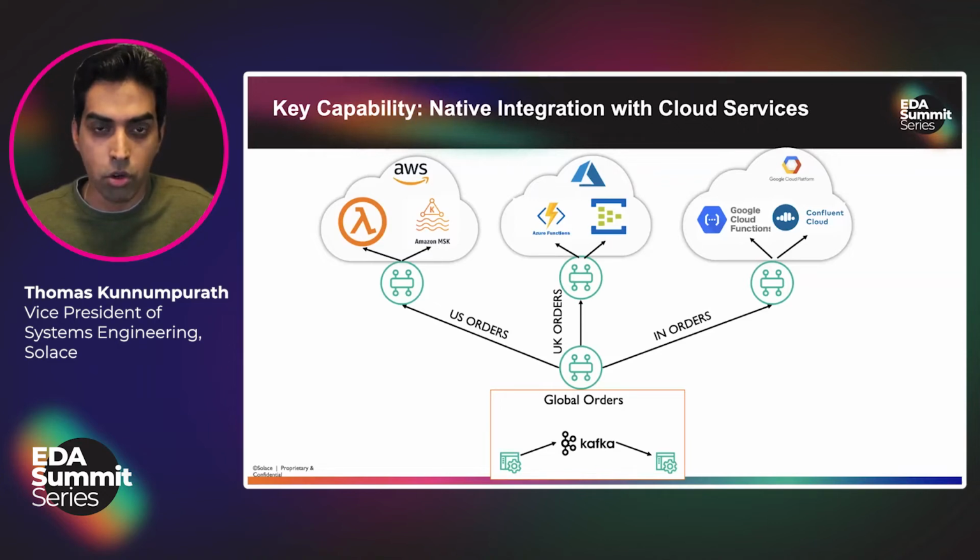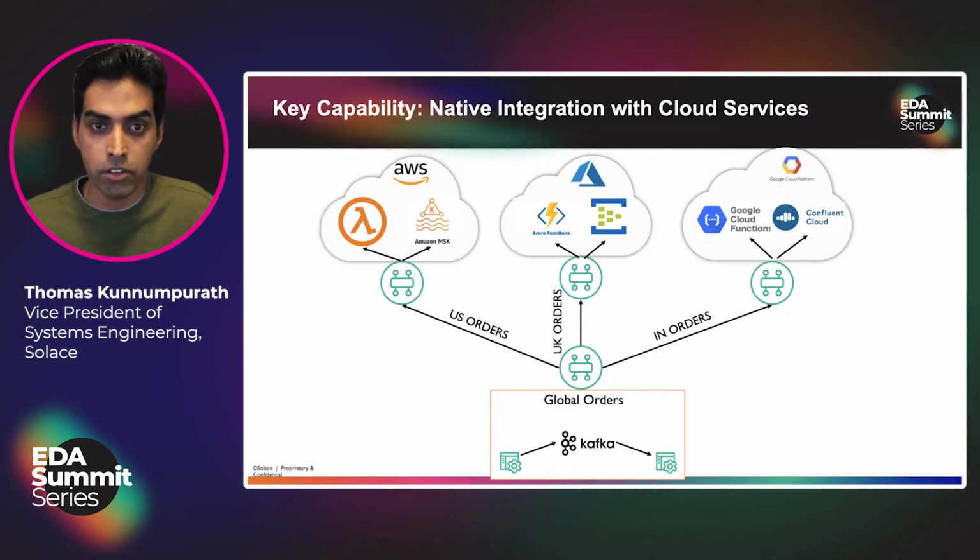The Kafka mesh also gives you the ability to fan out the events to cloud-native services. So not only in this case am I sending an event from my global orders Kafka cluster to an AWS MSK installation, I'm also forwarding it to an AWS Lambda for a serverless compute process.